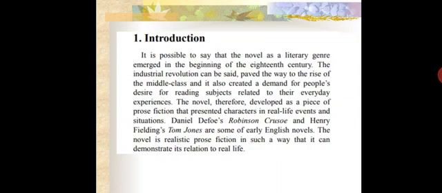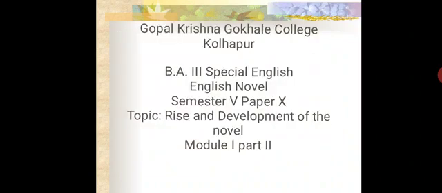This is the second part of English novel, BA Part 3 Special English, for semester 5th, paper number 10. This is the second part of Rise and Development of the novel.